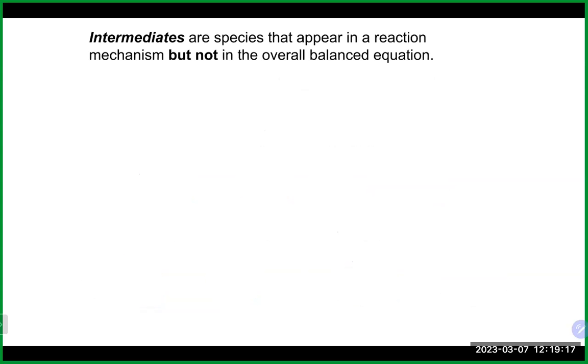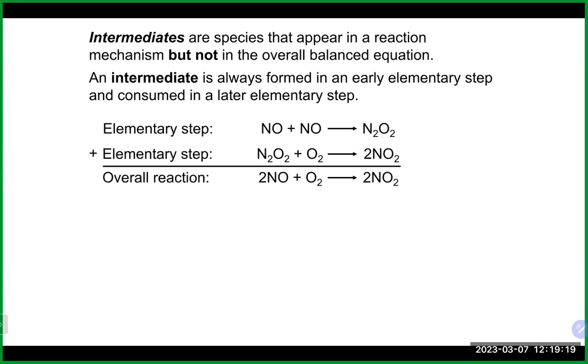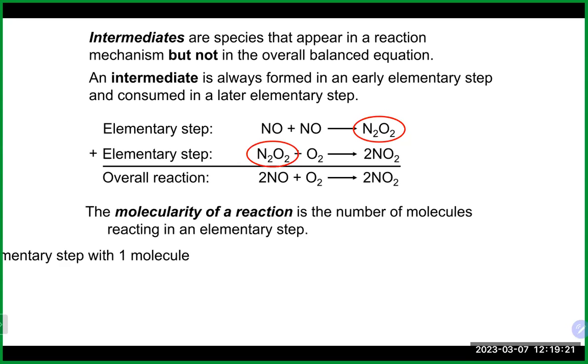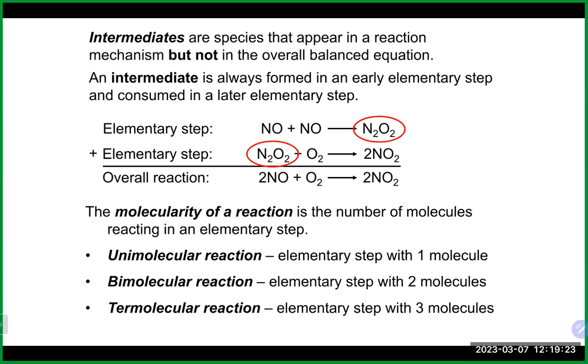All right. So let's talk a little about some important parts of a reaction mechanism. First off, as I mentioned before, there are what are referred to as intermediates, and these are things that are made early on in the mechanism, but they do get 100% used up by the time the reaction is done, which means they do not appear in the overall reaction.